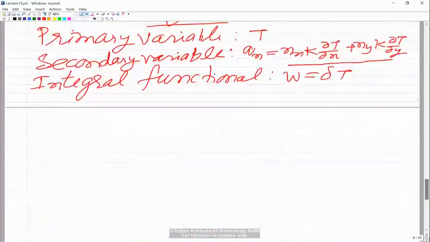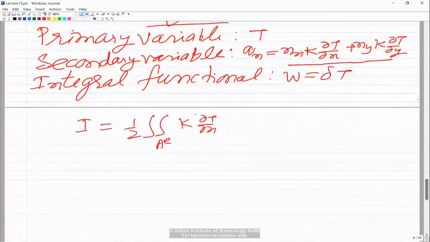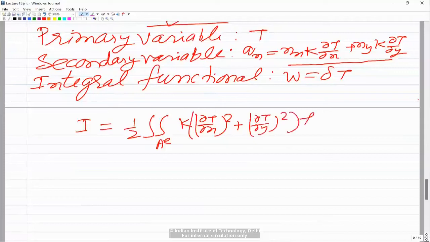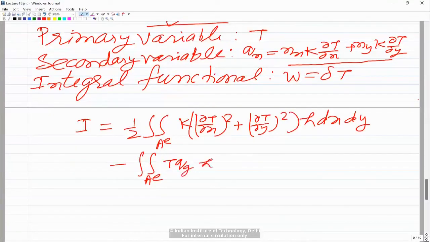Then you can easily identify that the integral functional would be half integration over the area of the element of k into (del T by del x whole square plus del T by del y whole square) h dx dy, minus integration over the area of the element of T into Qg into h dx dy, and minus the boundary integral term over gamma, where in place of w we have delta T, delta taken out, so we just get T into Qn into h ds. So this becomes the integral functional.